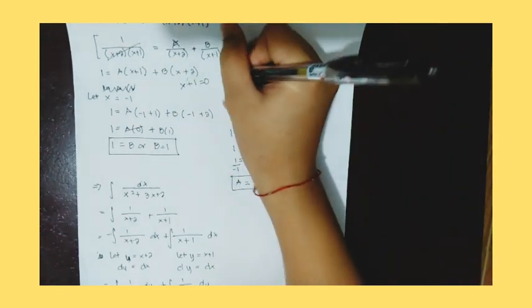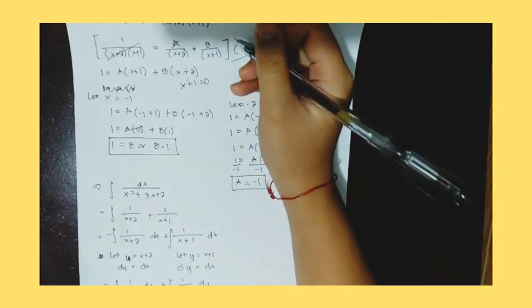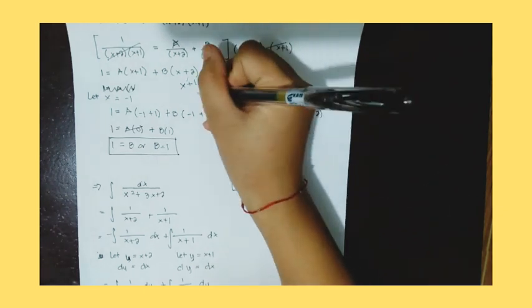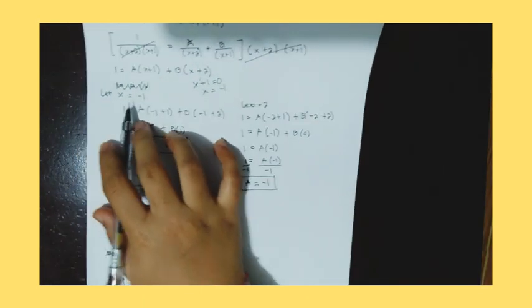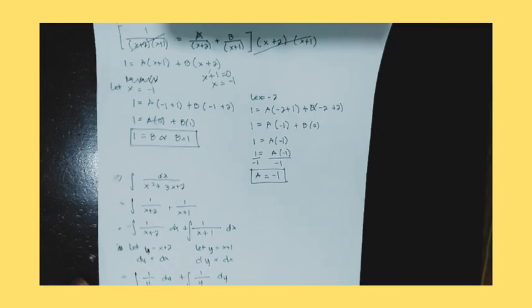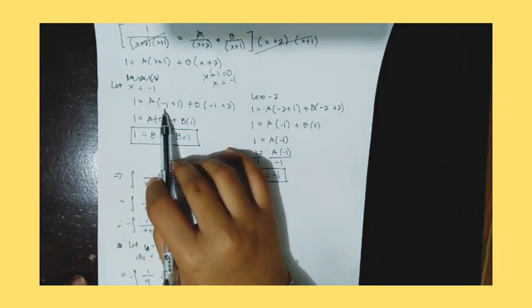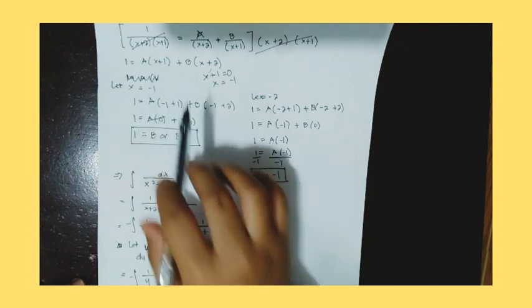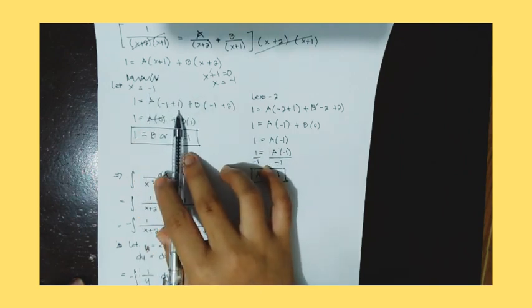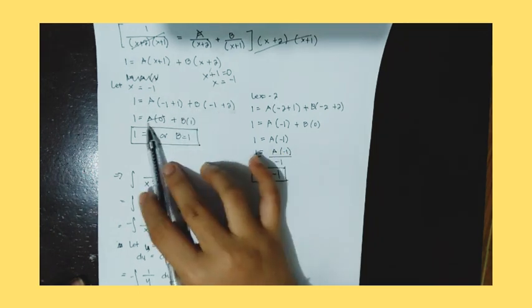Then we transpose, so x is equal to negative 1. That is where the negative 1 came from. Then 1 is equal to A times negative 1 plus 1, plus B times negative 1 plus 2.